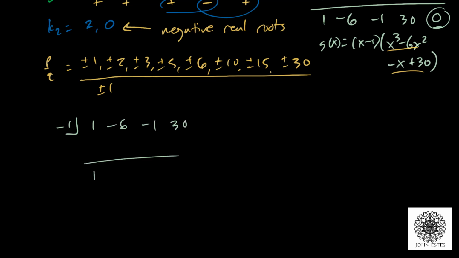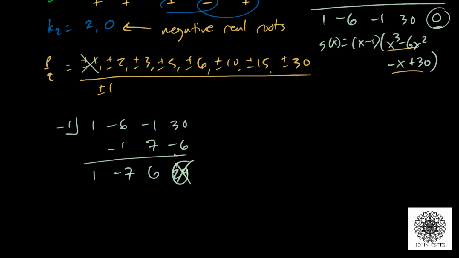Bring down the 1, and I say 1 times negative 1 is negative 1, and then we add negative 6 to get negative 7. Times negative 1 gives me 7, plus a negative 1 gives me 6. 6 times negative 1 is a negative 6, and I'm not going to get 0 there. So negative 1 is not an option, and we've already taken care of positive 1.